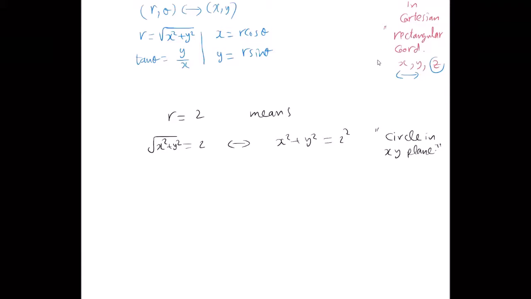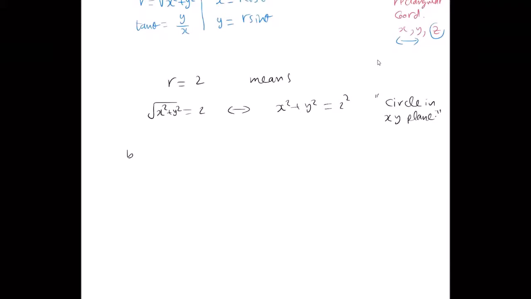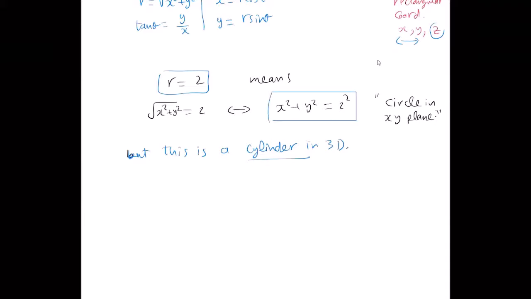But as you know, this is not a circle in 3D. So this is a cylinder in 3D. Circular cylinder. Yes, it's a circle in 2D, so it's a circular cylinder in 3D.